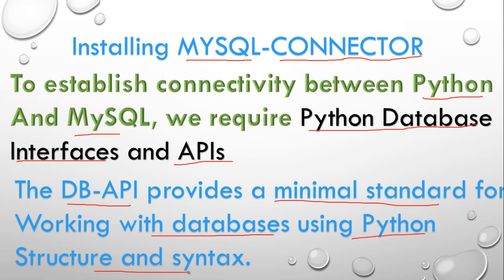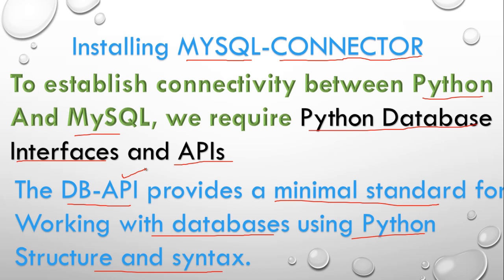So basically, this API helps us by providing some functions which we can use in Python to deal with the database. The DB API provides a list of multiple functions, and we can use those functions in our Python program to establish a connection with the database and also interact with it, that is MySQL.